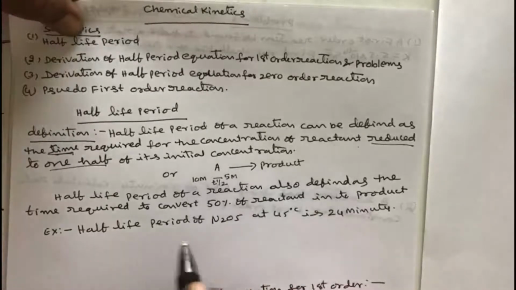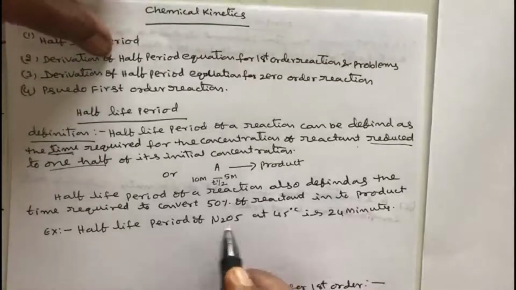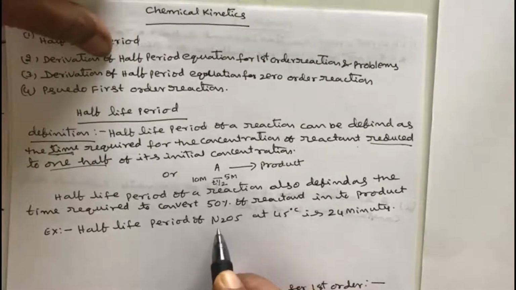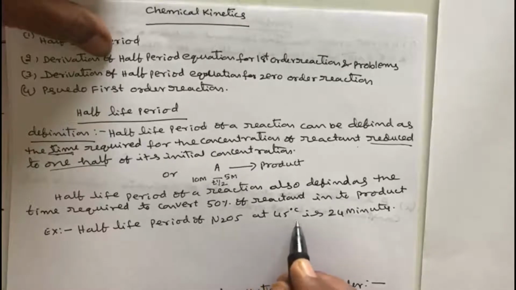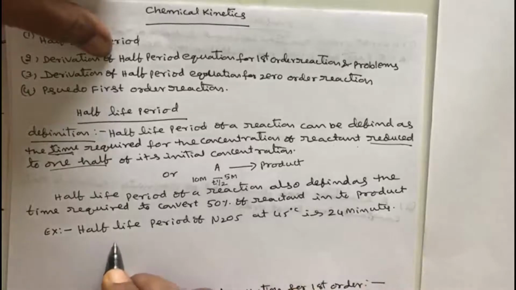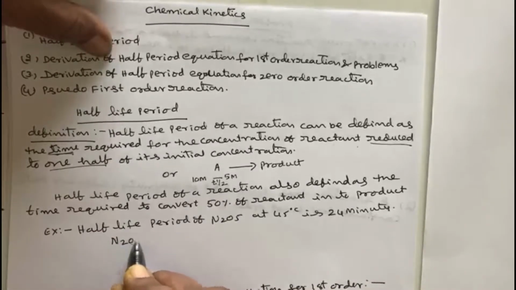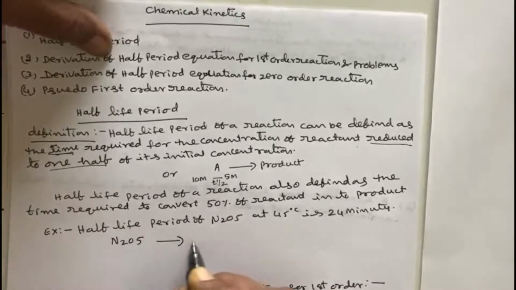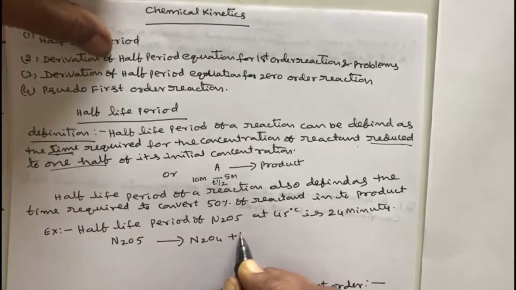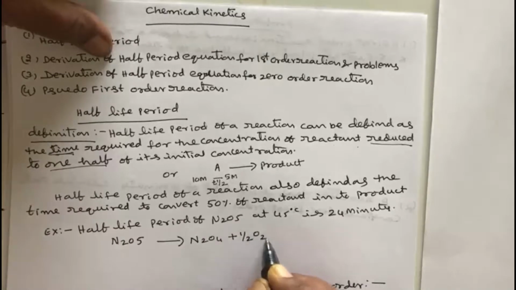Now take an example, the decomposition of N2O5. The half-life period of N2O5 at 45 degrees is 24 minutes. Now I write the equation. N2O5 gives N2O4 plus half O2.